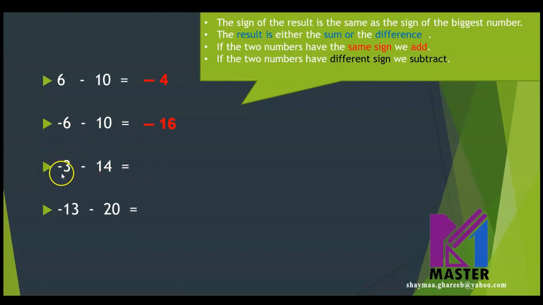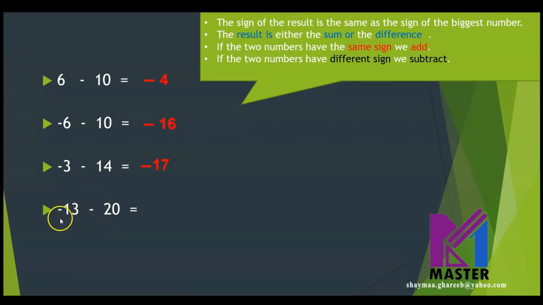Next example, I have -3 minus 14. From -3, I'm going backward by 14, which means I'm going smaller, a number that is 14 smaller than -3, which is -17.